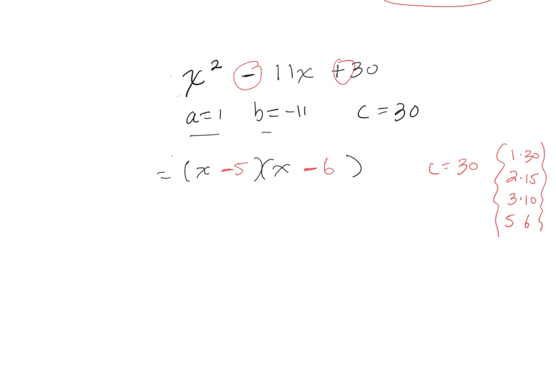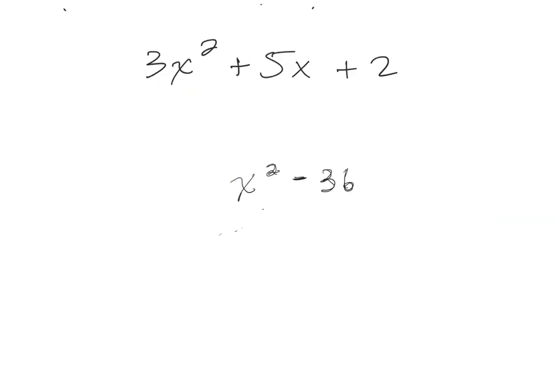Now, there are a few that I have not gone over. You're probably wondering, what if a is greater than 1? Okay, so you might be wondering by now, well, Mr. Ray, what if a is not equal to 1? For example, 3x squared plus 5x plus 2.